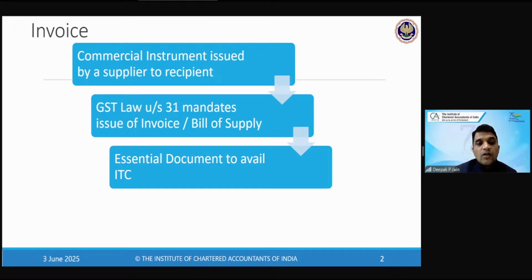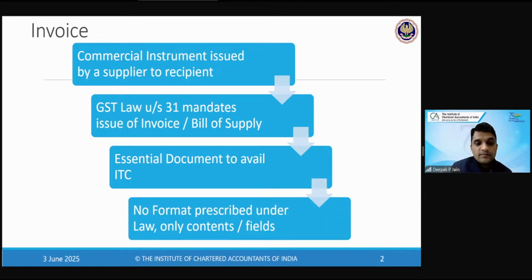But in case of input tax receiver, one of the conditions we have seen under Section 16(2) is the receiver should be in possession of the original invoice. So he should have the original invoice with him, without which he cannot claim the credit. So it also helps in claiming the credit. If you do not have an invoice, your credit can be denied.